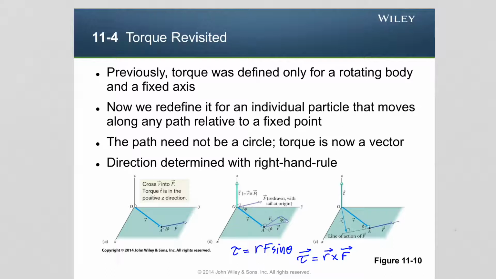Notice also that since the torque is the result of the cross product of two vectors, the torque is a vector that's perpendicular to the plane that contains those two vectors. So vectors r and F are in the xy plane, and the torque vector is perpendicular to that plane, and therefore along the z-axis in the three-dimensional coordinate system.